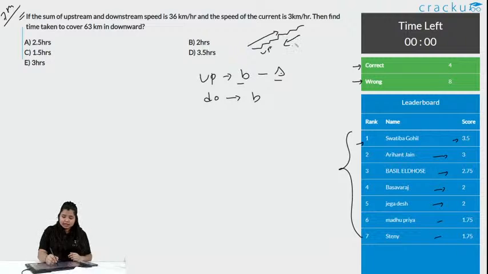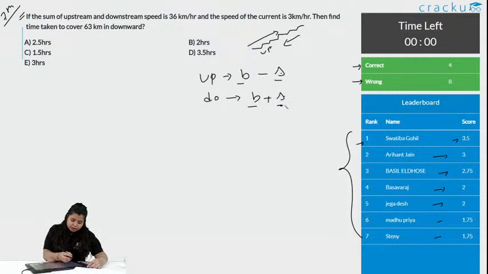coming down is equally enjoyable, like you just step down, step down, step down, it's fun. So, similarly for boat also, when it is coming down the stream, there is the speed of the stream which is pushing the boat forward, that means the speeds are added, that is speed of boat plus speed of stream. So, it is saying the sum of upstream and downstream speed is this, that means this plus this.